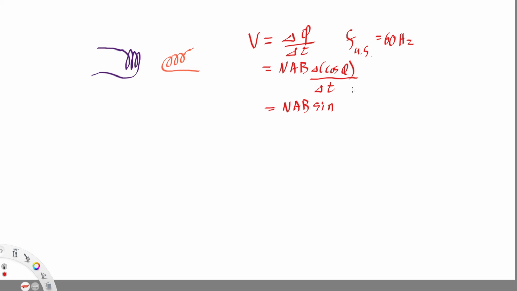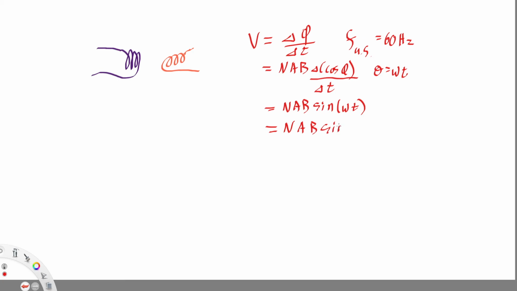And if you remember Gen Physics 1, an angle is an angular speed times a time. And in the United States, that's 60 hertz.